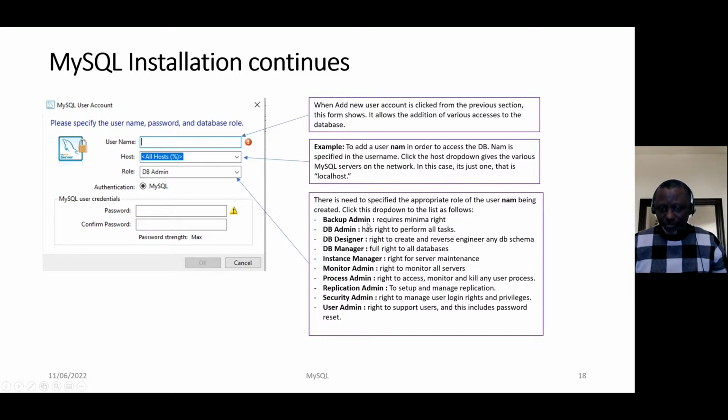We have backup admin that requires minimum rights because the work is just to back up the database and restore. And we have database admin which has all the right to do everything that needs to be done on a particular database. Database designer has a right to create, to change, to reverse database schema as may be required.